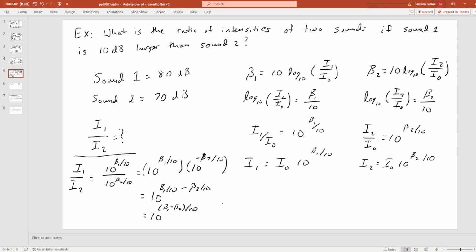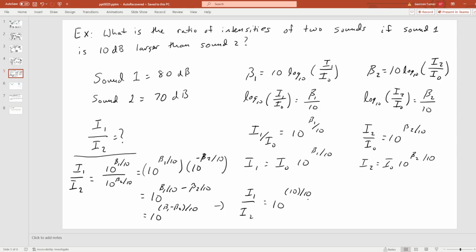So then we would finally get I1 divided by I2 is going to be 10 to the 10 divided by 10. And notice this is unitless. Decibels is a unitless number.